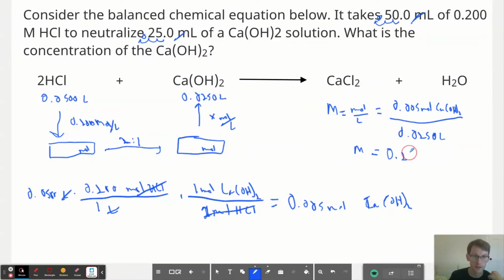All right, 0.200 moles per liter. That is my final concentration.